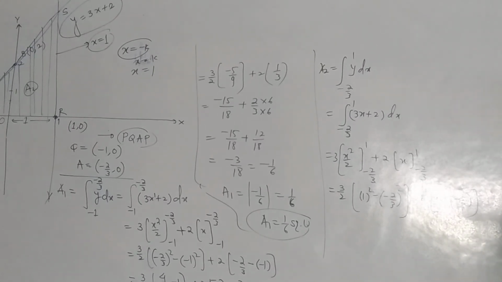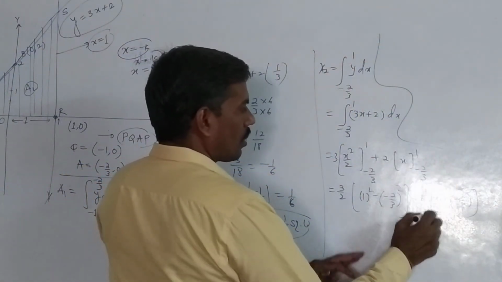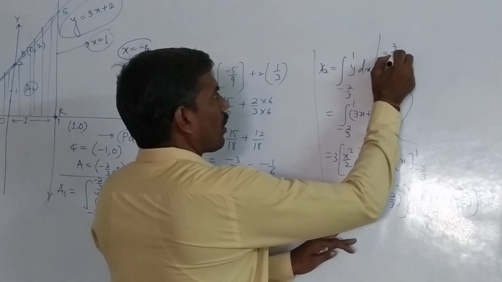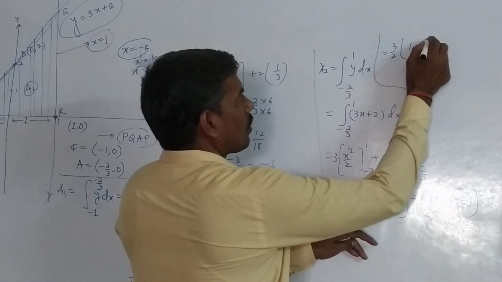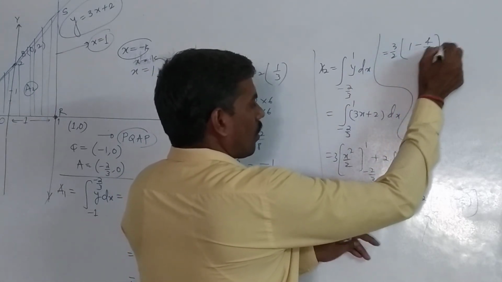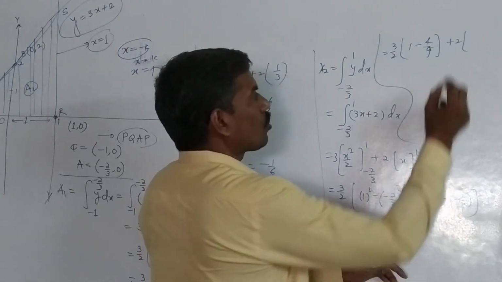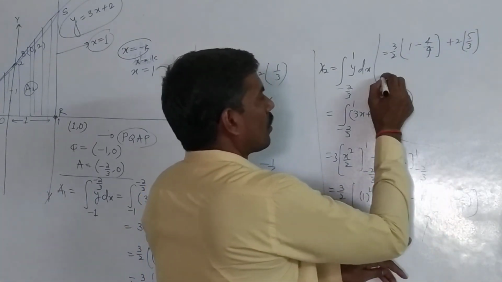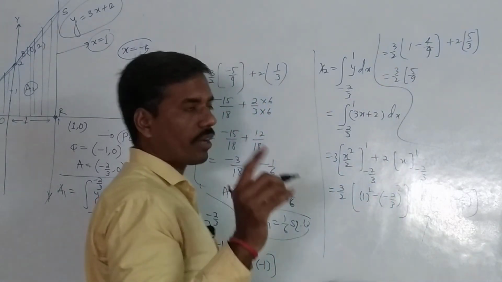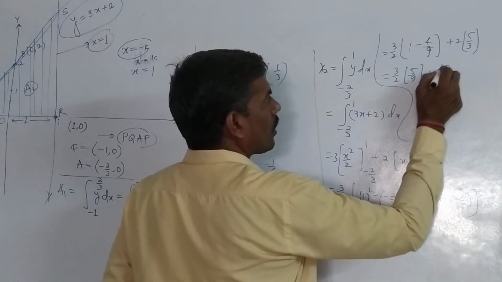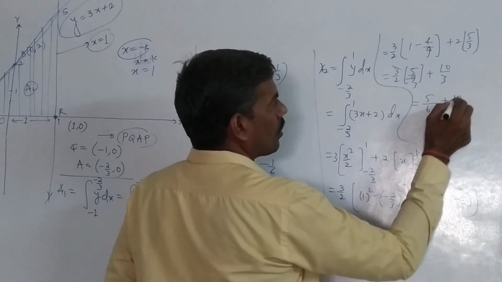So this is equal to 3/2 times (1 minus 4/9) plus 2 times (1 plus 2/3), that is 5/3. So 3/2 times (9 minus 4)/9, that is 5/9, plus 10/3.